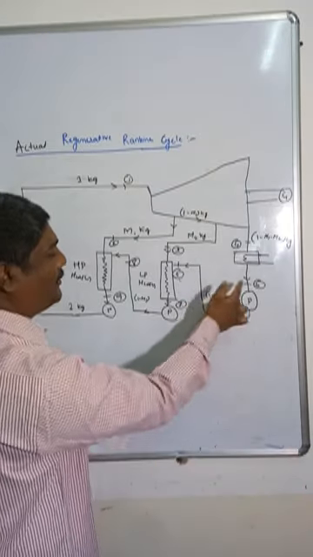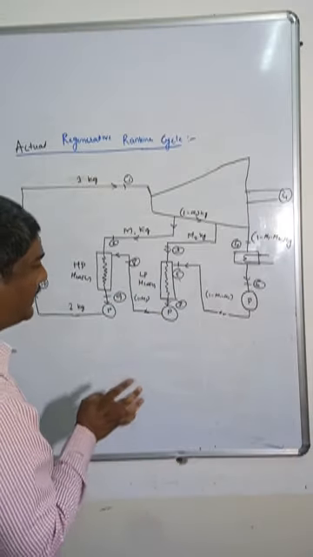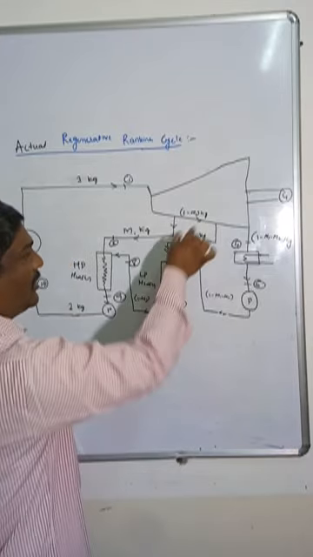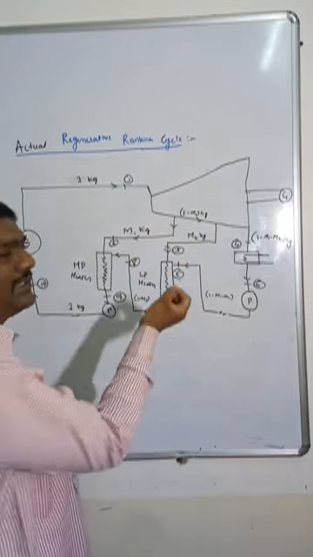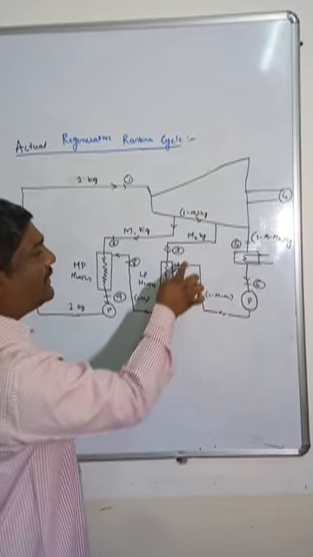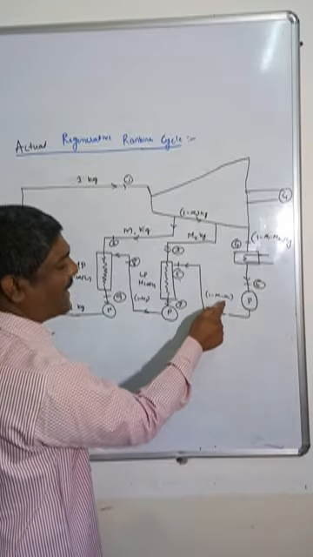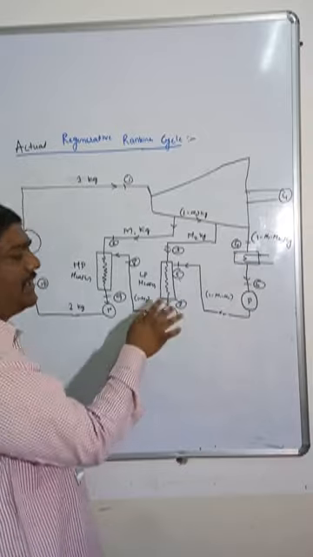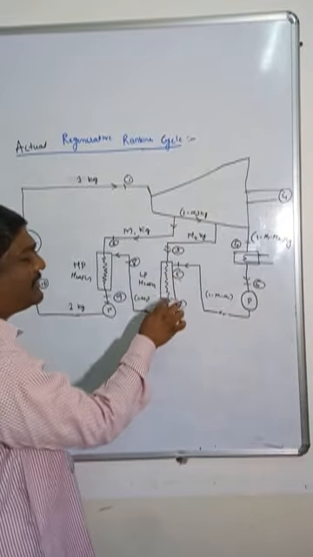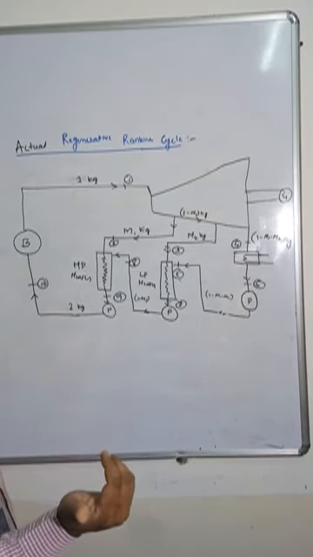But now I will pass it to the low pressure heater, the LP heater. The m2 kg of steam, a little bit wet steam, comes out and in the LP heater it passes its heat to the water from the condenser. This reduces its temperature and heats the water; both mix and come out as a liquid with increased temperature.